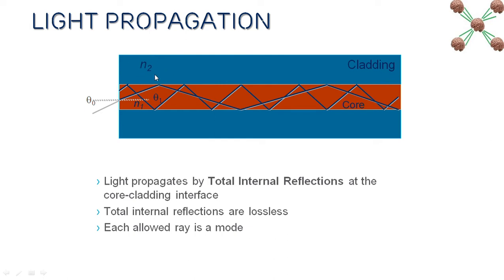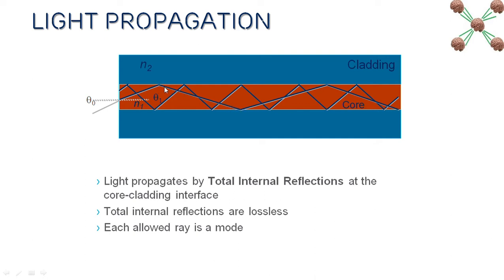If it had a higher index, the light would bend outwards and all the light would go away. So we made it in such a way that the refractive index of the core is higher than that of the cladding, and all the light which comes from the source remains inside the core. At the edge of the core and cladding, there is total internal reflection. All the light incident on this point is reflected back.